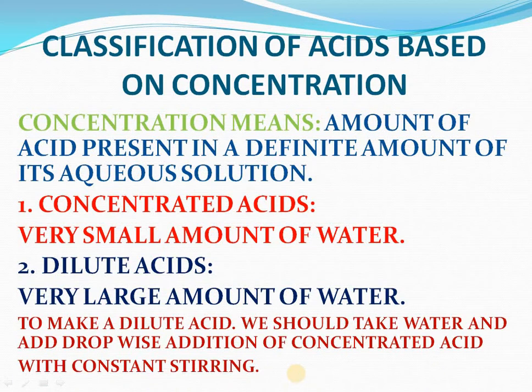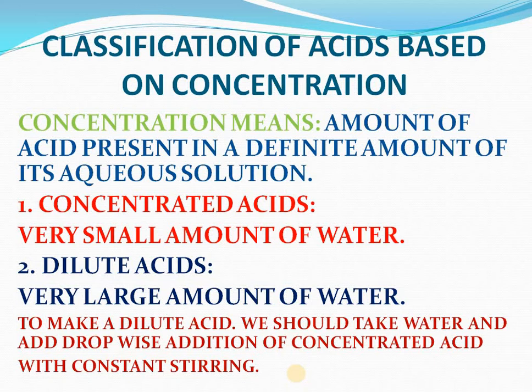Next is classification based on concentration. Concentration means how dilute or how concentrated something is. If I am taking a bottle of squash, now it's summer season, or let us say we have sauce and squash, which is more dilute? Of course, squash is more dilute as compared to sauce.